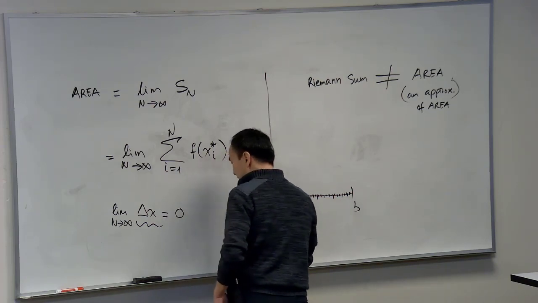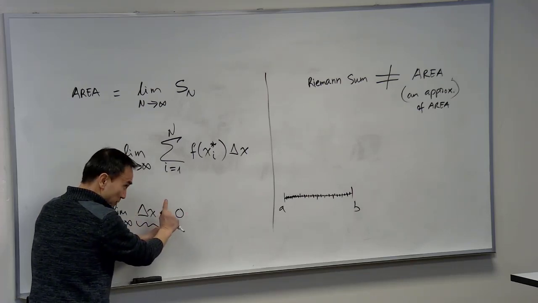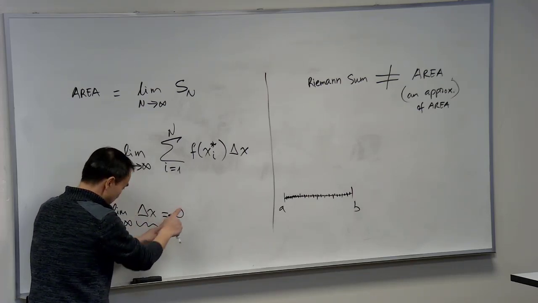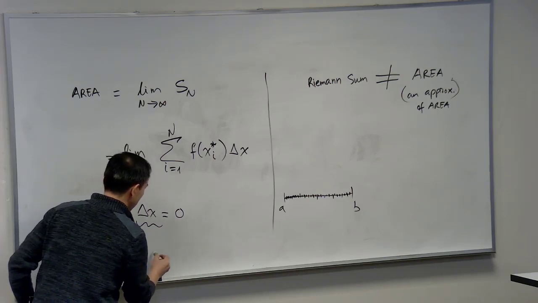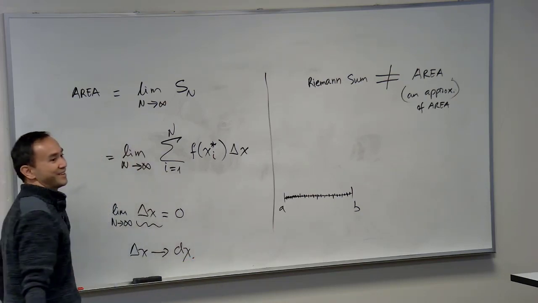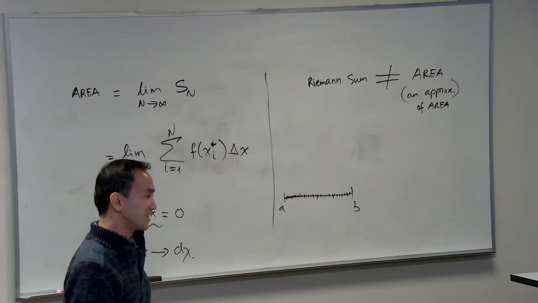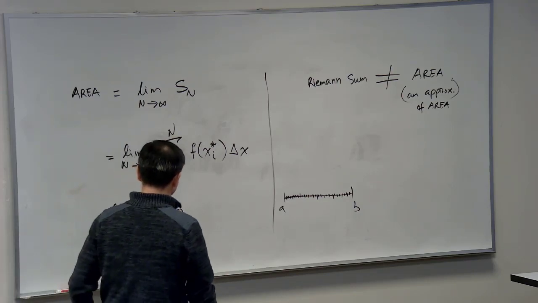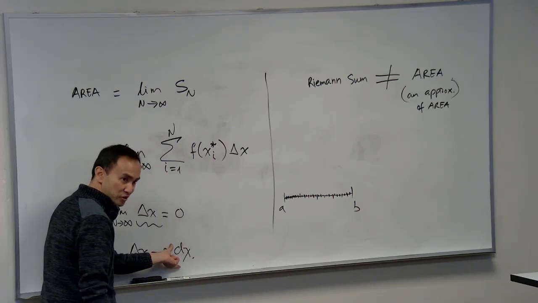So the idea now is that as this delta x becomes 0, I'm just talking about becomes 0, but doesn't mean it equals 0. As this delta x becomes 0, then delta x really becomes a quantity that we call the dx right here, the dx differential. See what I'm saying? So you can think about this as the infinitesimally small change in x.